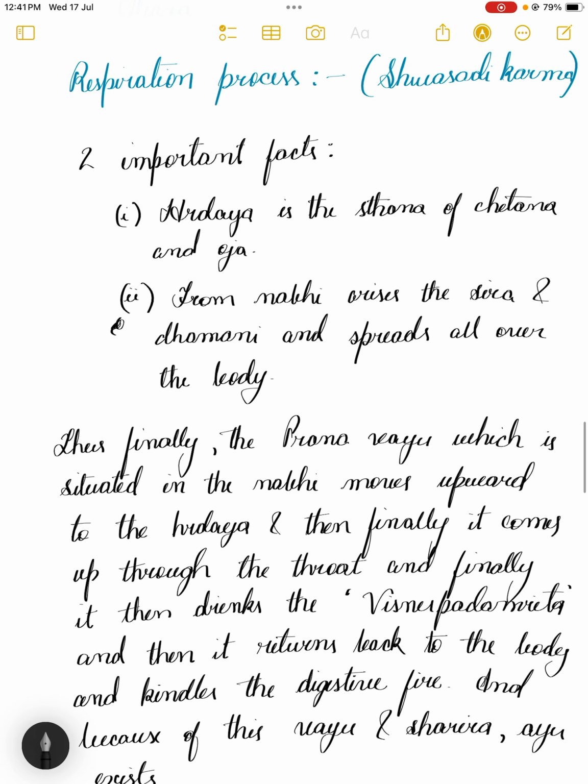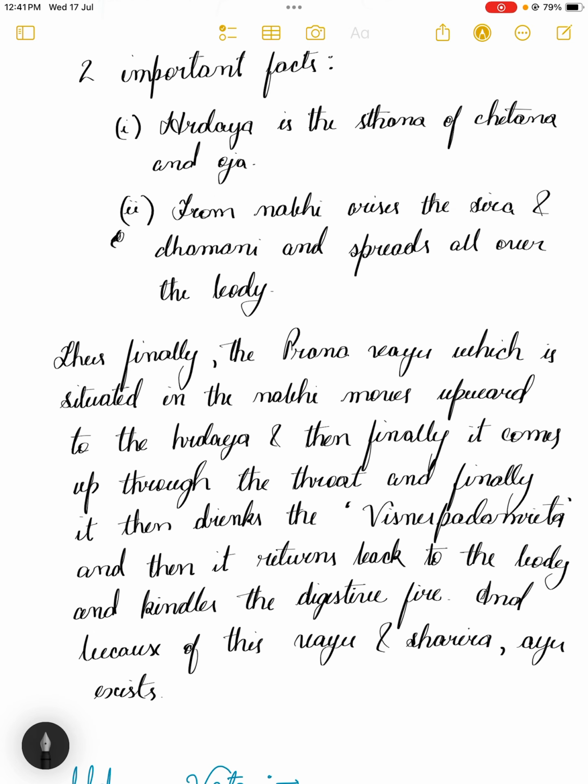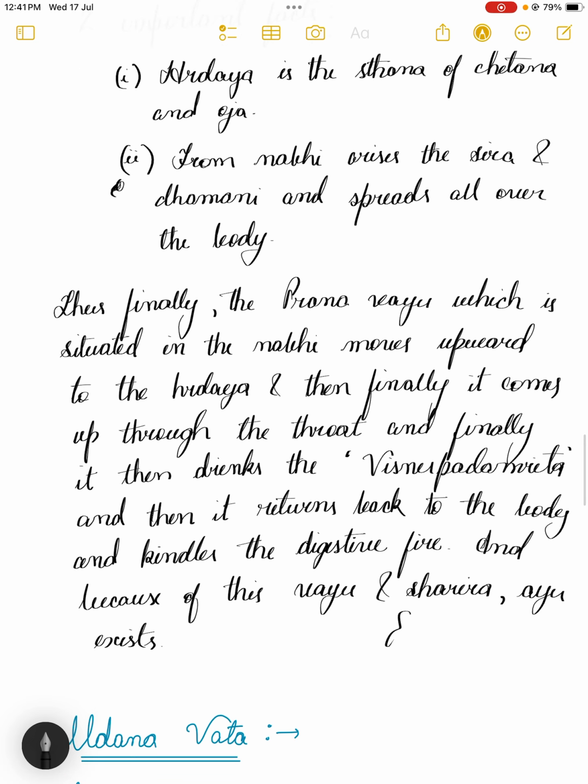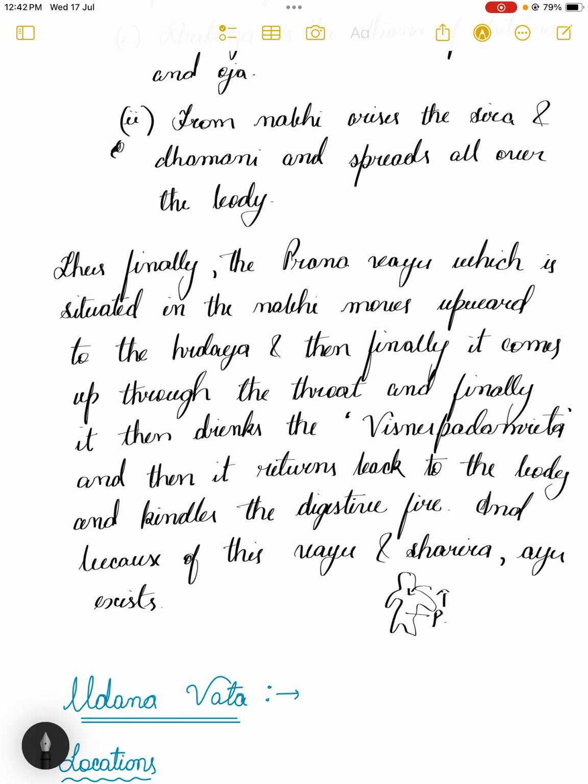So, what happens is that the Pran Vayu, which is situated in the Nabhi, moves upwards to the Hriday. Let's consider that this is a human body, and here is Hriday, and here the umbilicus. The Pran Vayu present in the Nabhi moves upwards up to the Hriday, gets settled in the Hriday, and finally comes up through the throat, and then it exits through the nose, where it drinks the Vishnu Padam Amrit.